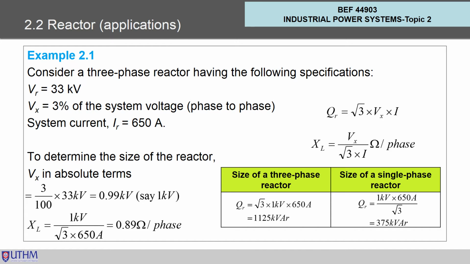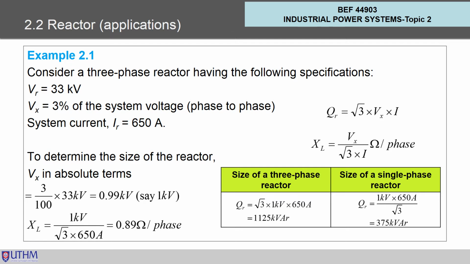Next we have to calculate the QR for the 3-phase reactor and also for the single-phase reactor. This formula is for 3-phase, so we just put in the value of Vx in 3-phase and also the I value. This is the answer for the QR size for the 3-phase reactor.